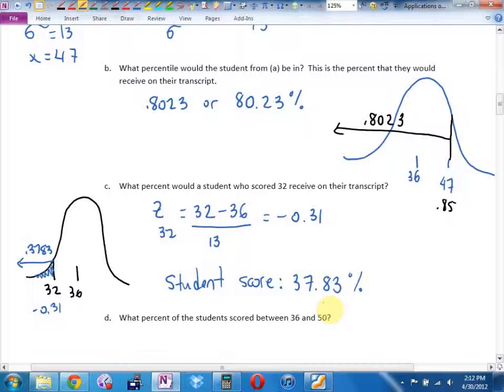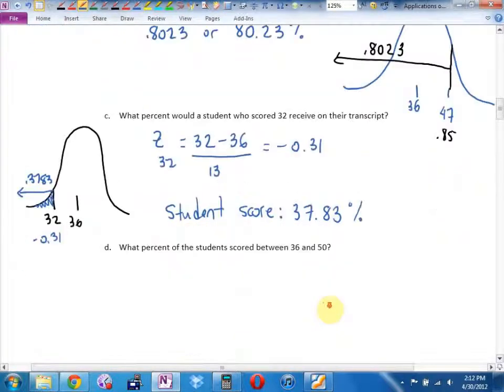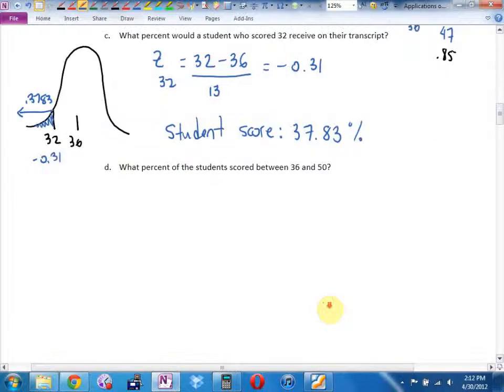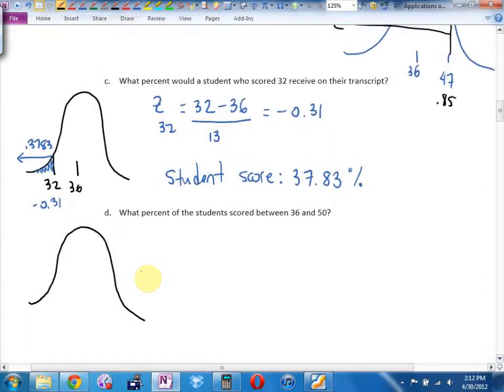Okay. How many of you got that one okay? Good. What percent of the students scored between 36 and 50? Let's draw a little picture. Question, Nicole?